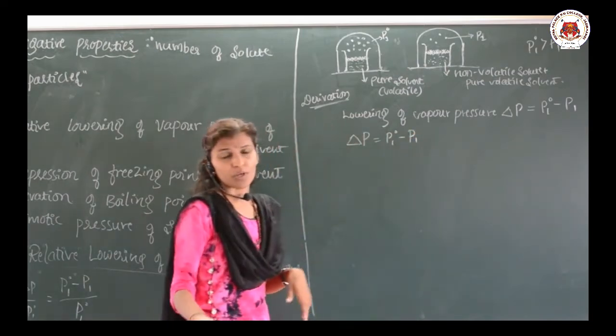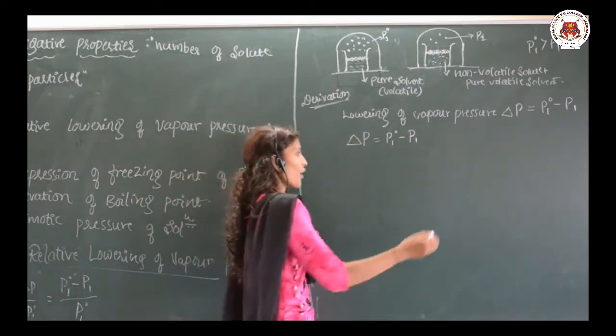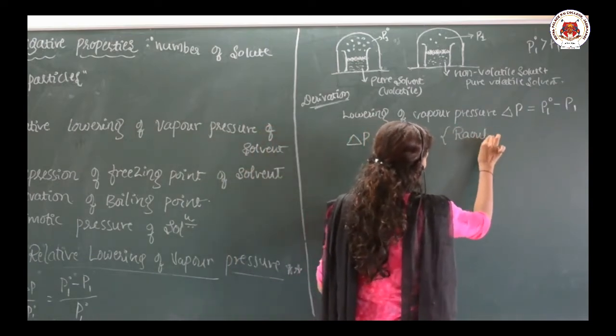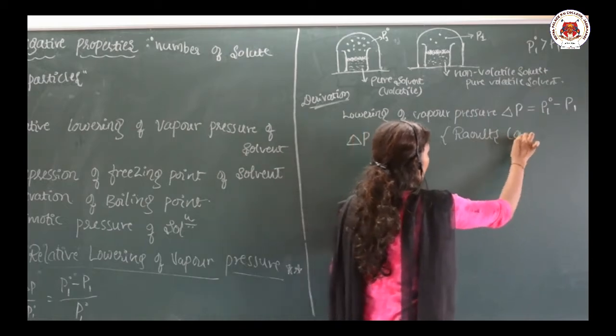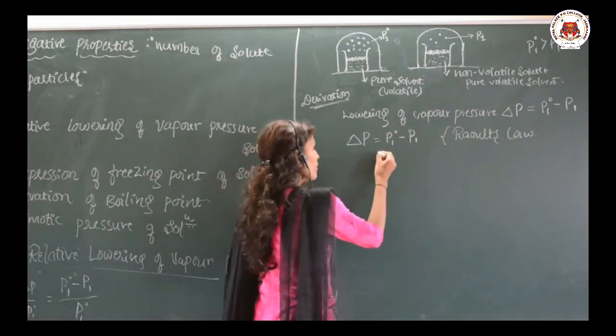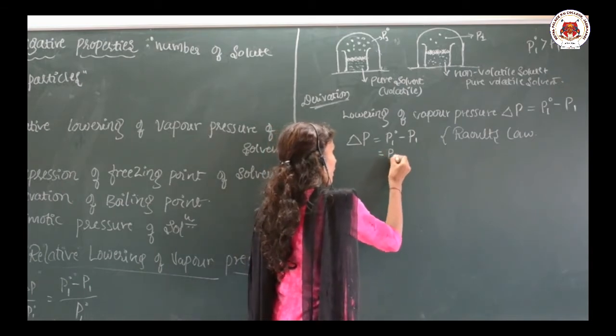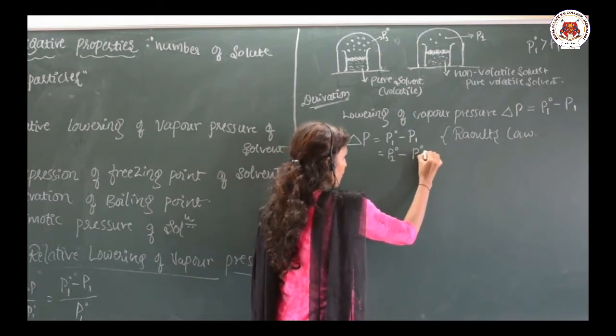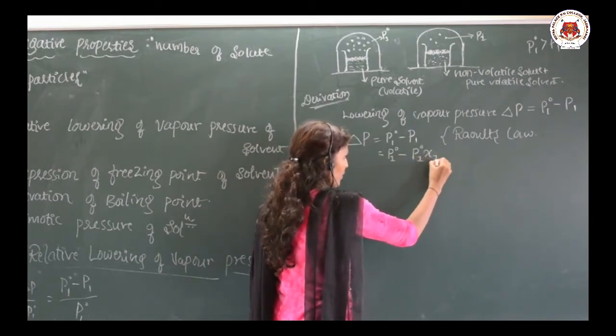Since we know that according to Raoult's law, I will change one term here. Let me take P1 naught as it is, and instead of P1 I am going to take P1 naught into x1. Am I correct?